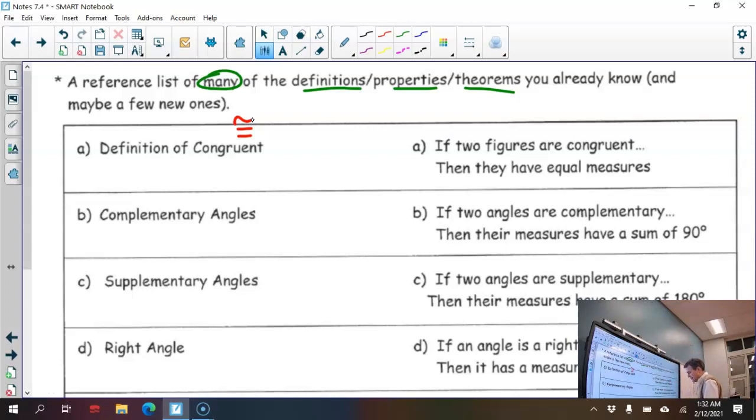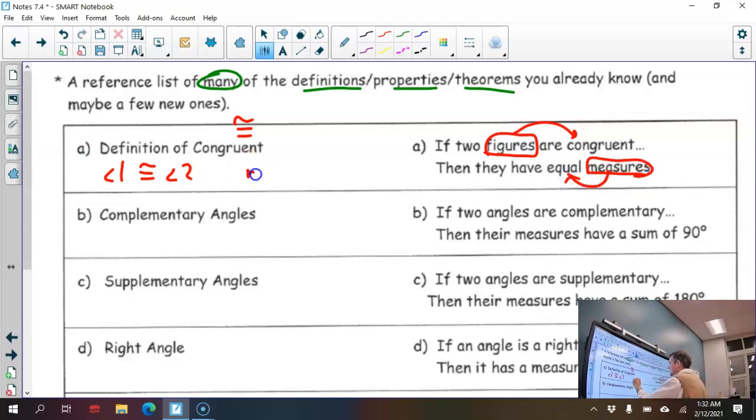I would like to point out that like figures are congruent. A figure would be like an angle or a shape. Like I might say that angle 1 is congruent to angle 2. Measures are equal.